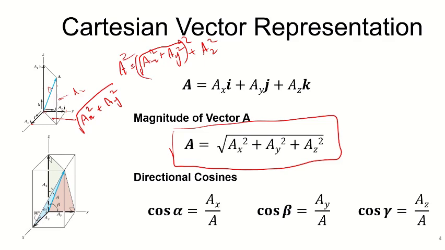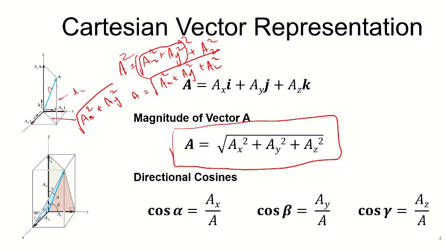So A squared is equal to this, so A is equal to the square root of Ax squared plus Ay squared plus Az squared. That is how it comes here. So this is the magnitude of a vector in three-dimensional Cartesian coordinates, right?